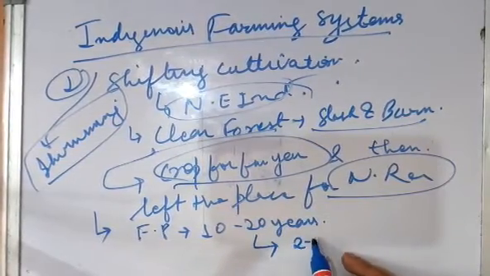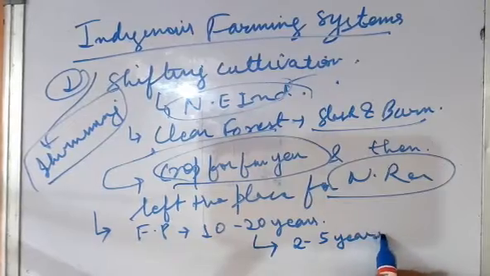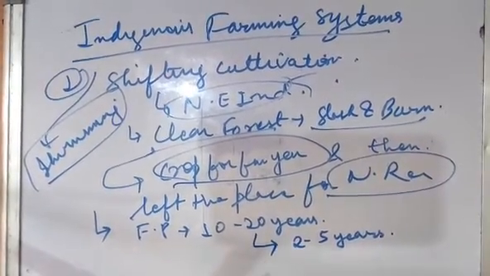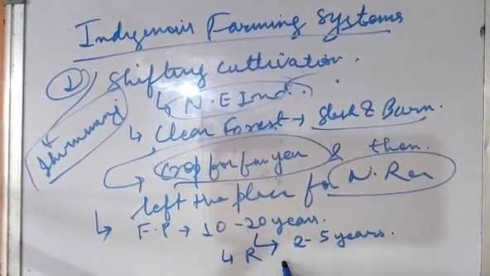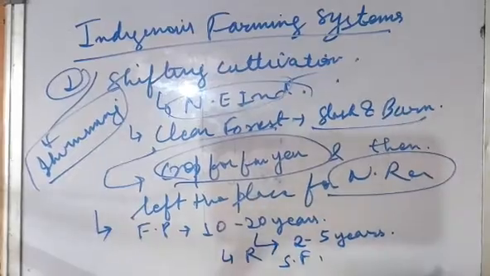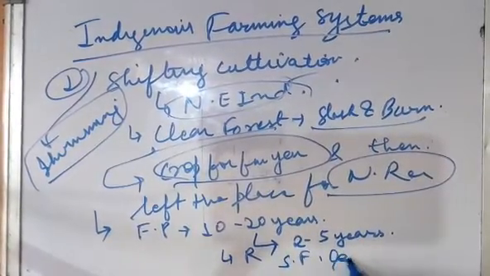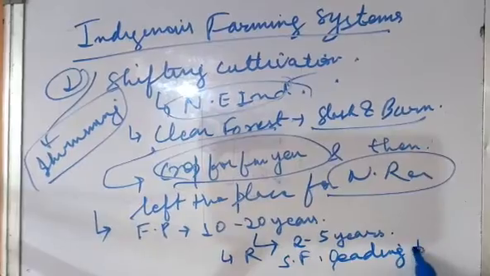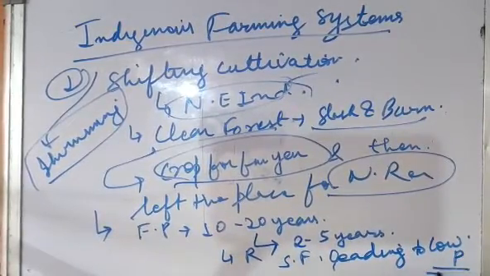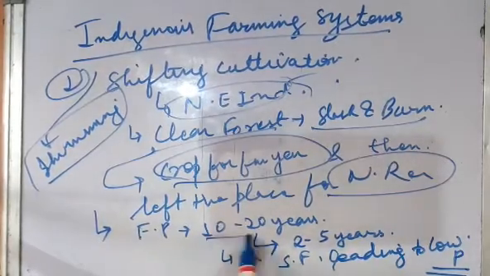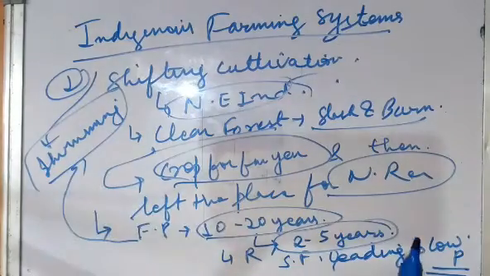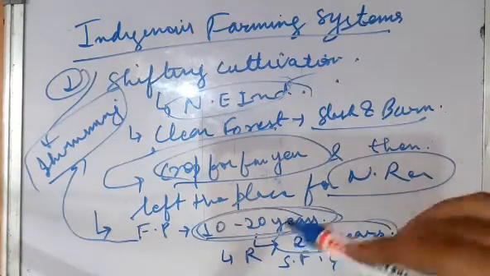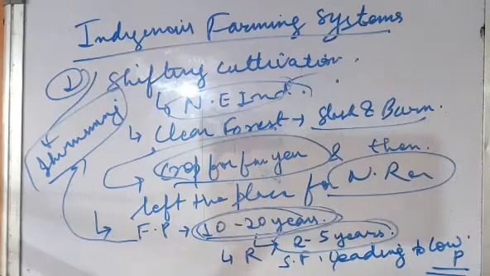So the fallow period has come down to 2 to 5 years, causing problems like reduced soil fertility, leading to low production. So as we know, the fallow period is getting shorter due to population pressure. Previously it was very sustainable because with a 10 to 20 year fallow period, the area would naturally regenerate, and then again we would use the area.